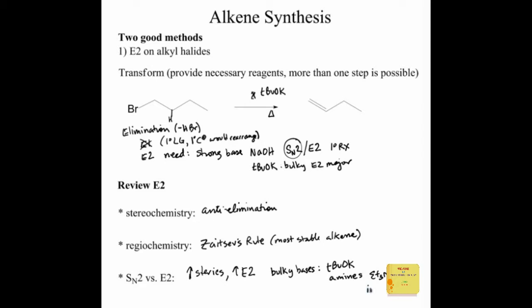Or diisopropylamine has a nitrogen with two isopropyl groups on it. Look at all that steric hindrance, all that bulk. So diisopropylamine is another example of a base that's good. If you put that in there with an alkyl halide and warm it up, then you can have a good bet that E2 is going to be your major product there.